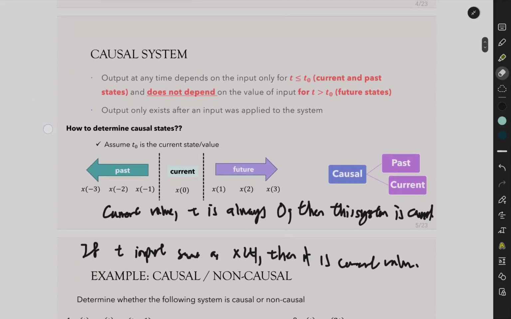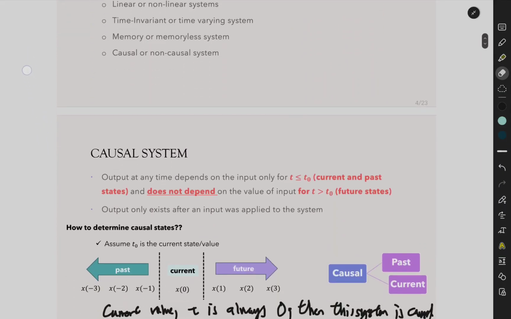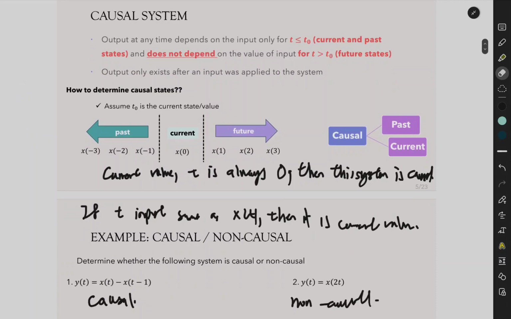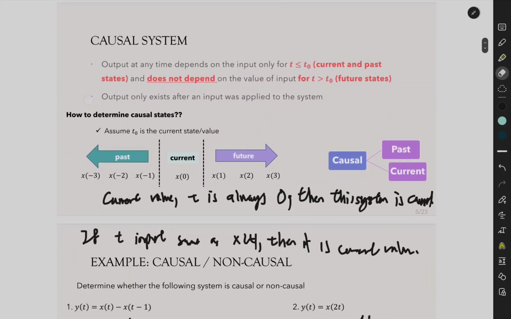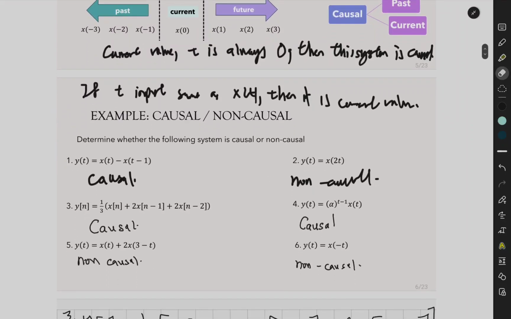Okay, so we continue with what a causal system is. A causal system is one where the system will not have any future output. Let's say I have an example x(t). To determine whether a system is causal or not, I will use t equals 0, t equals 1, and t equals -1, so that I can know whether the system has future output or not.